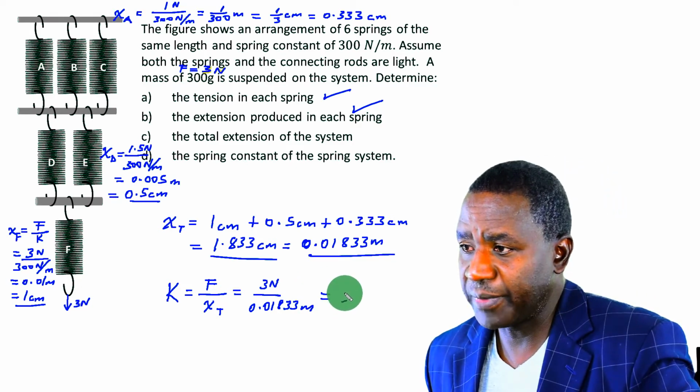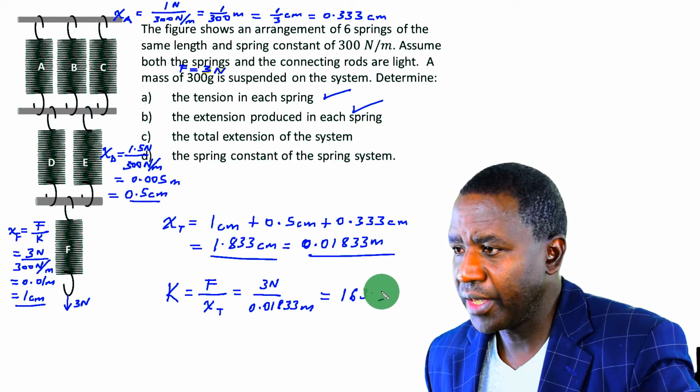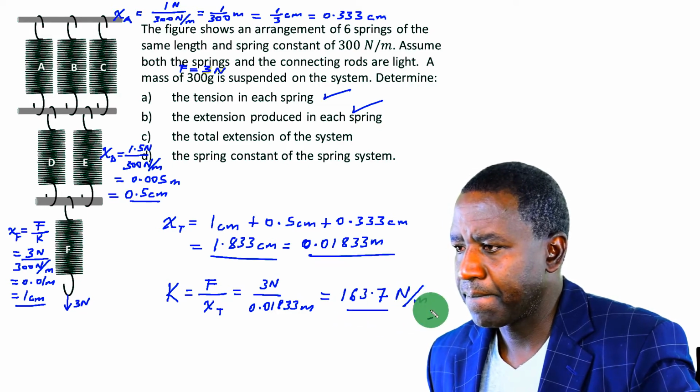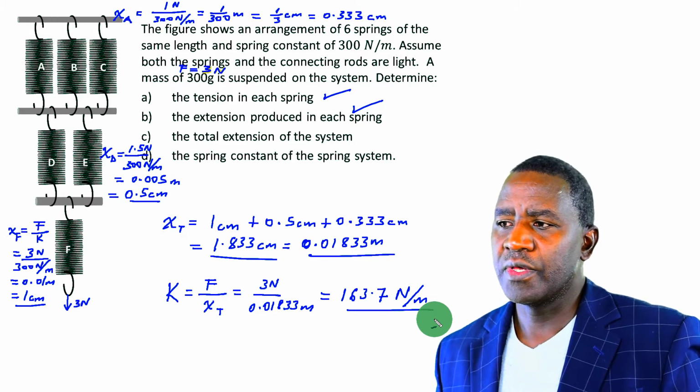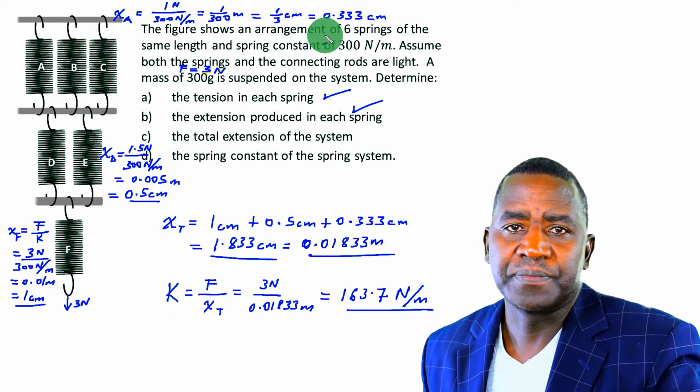The value of the spring constant is 163.7 Newton per meter. And that is the value of the spring constant of the spring system.